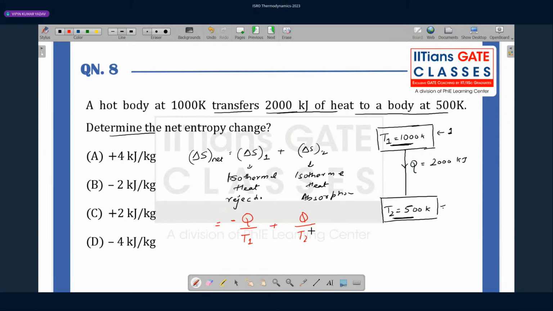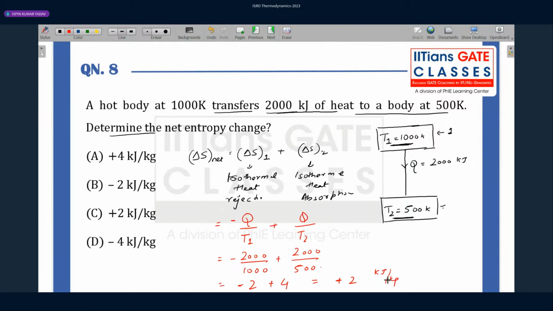So this will be positive, because heat is absorbed. So it is equal to minus 2000 by 1000 plus 2000 by 500. So minus 2 plus 4 is equal to plus 2 kilojoule per kg.